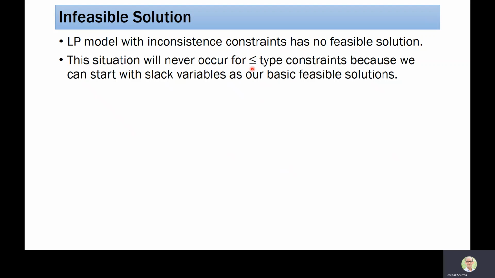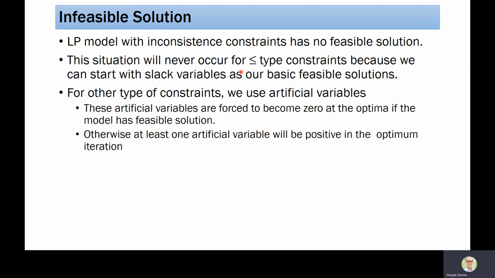You remember that in the Simplex method we start from the origin, so the starting basic solution is always feasible. So when all constraints are of the smaller-than type, infeasibility will never come.